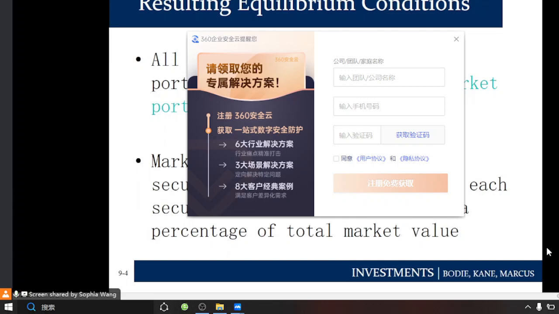That means you should hold all the stocks, and for each stock, the proportion is according to its capitalization. But it's impossible in the real stock markets.